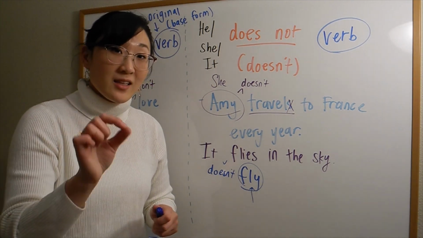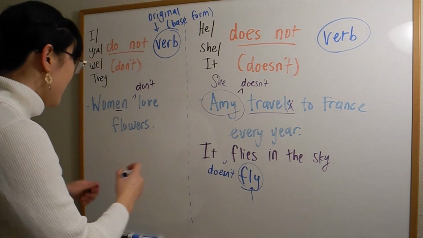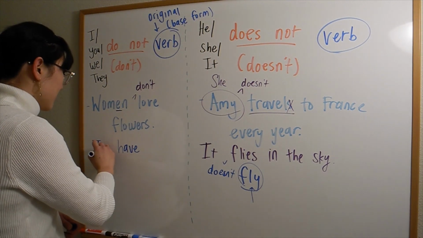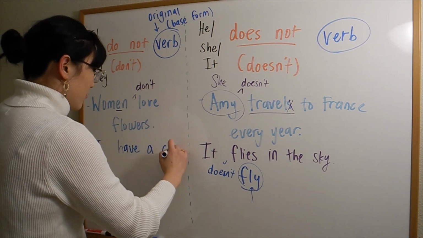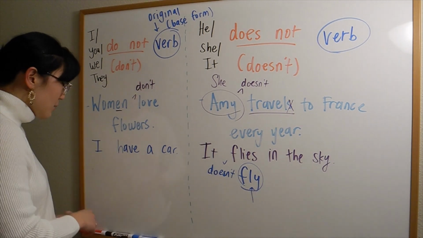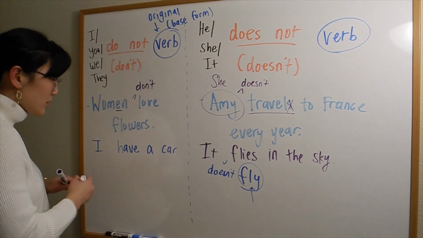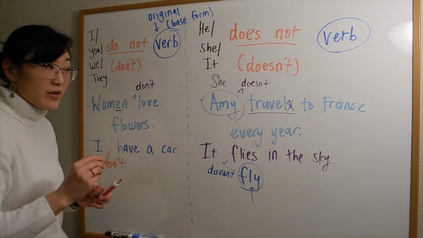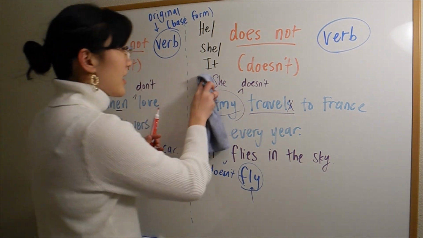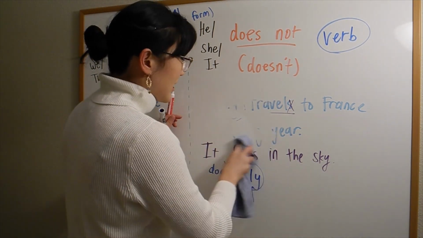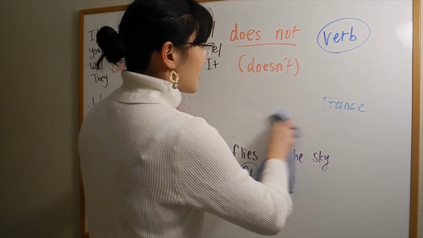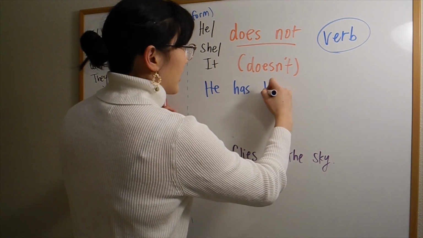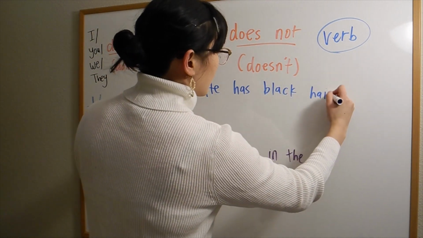Now, remember in class, we talked about the verb have, right? So if I say, for example, I have a car, in this case, it's simple. This is the original form of the verb. I just add don't. Right? However, if I have, let's say, she or he in front, and I say he has black hair, right?